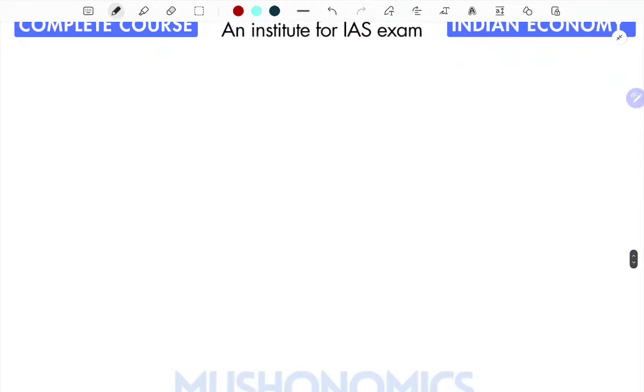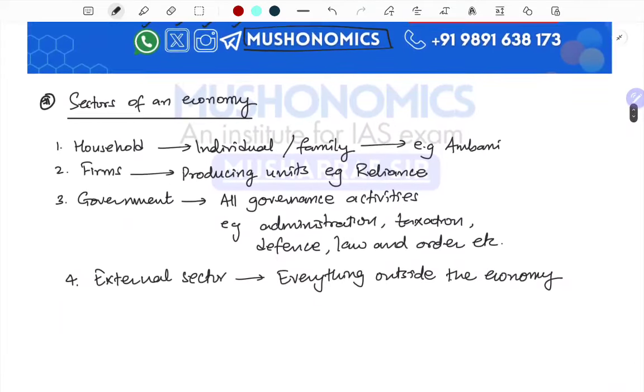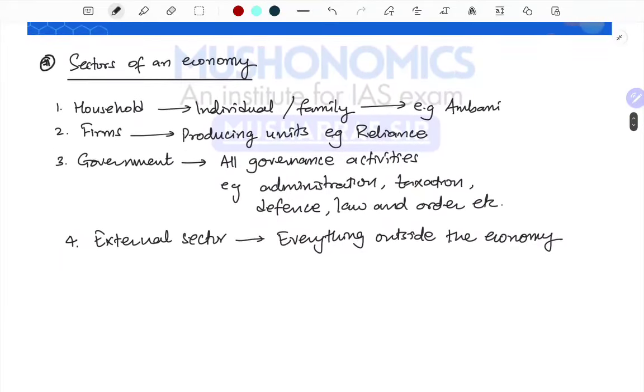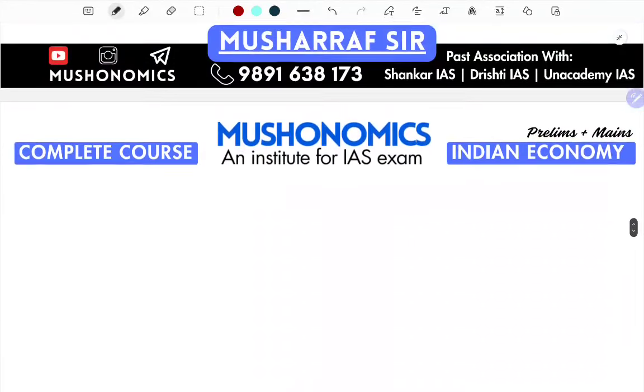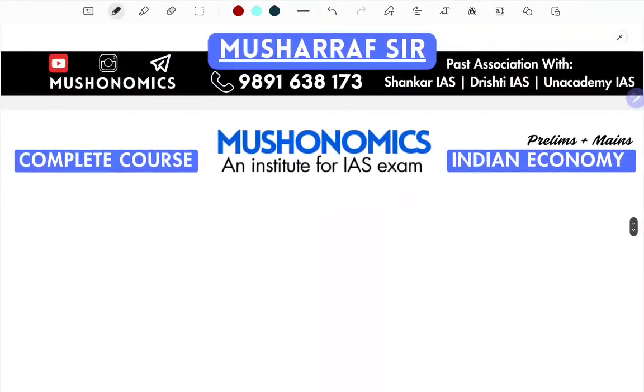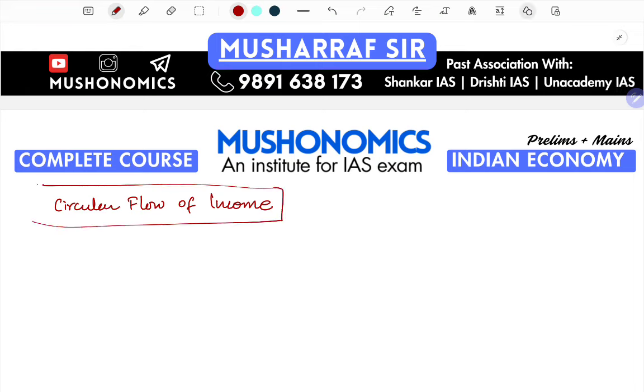Now, I hope there is no doubt in this. These are very basic and easy things to understand. Now please pay attention to understand this circular flow of income that we want to understand here. Now see how we can discuss this.